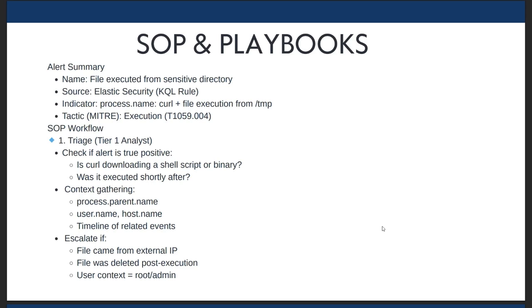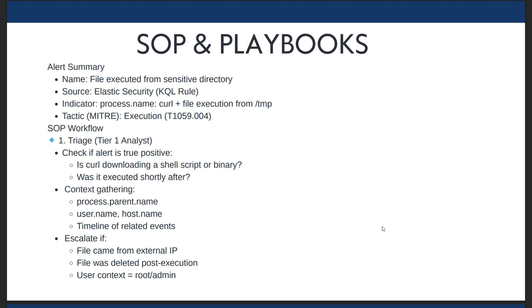So let's say this curl command has been executed, or a file execution from a temp folder has been conducted. When a file execution from a temp folder is conducted, we will see what the file is all about. When it comes to a curl command, we will see whether it is downloading a shell script or a binary, and whether the file was executed shortly after the curl command.